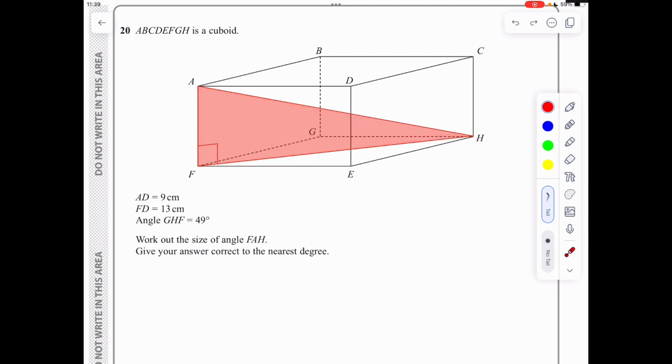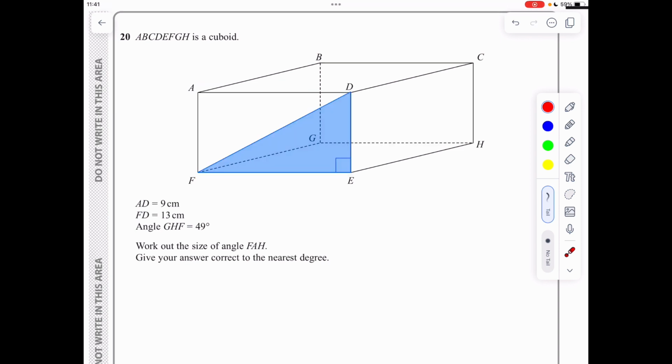So the plan is to find the distance FH and the distance AF, and then I'll be able to proceed with tangent. So first of all, in order to find the AF, I will consider the fact that this is a cuboid, so AF and DE are equal in length, and therefore I can easily find the length of DE by considering that FE is 9 centimeters and FD is 13 centimeters.